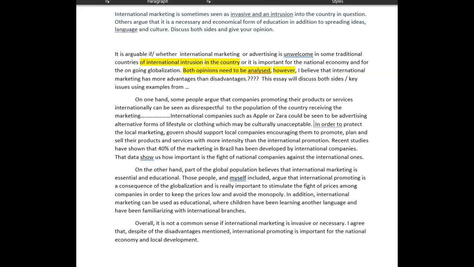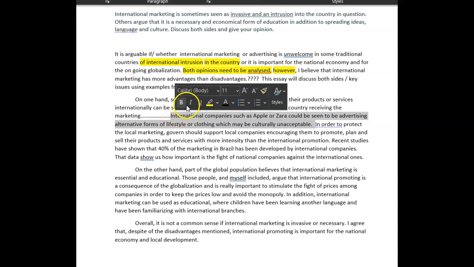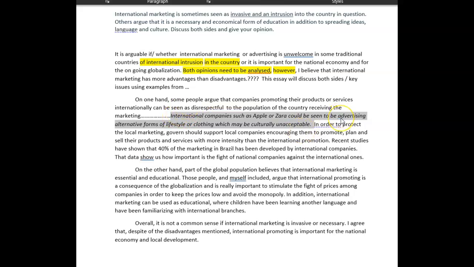Okay, and so you need another sentence to develop what you've just said, and then you could go into in order to protect local marketing. So you mean local businesses really here.